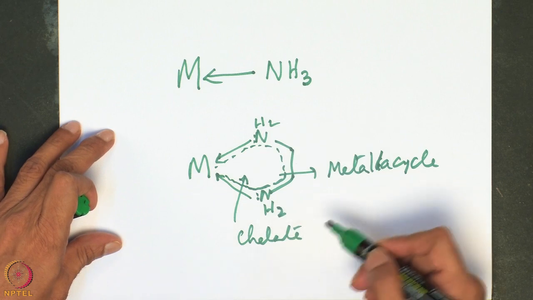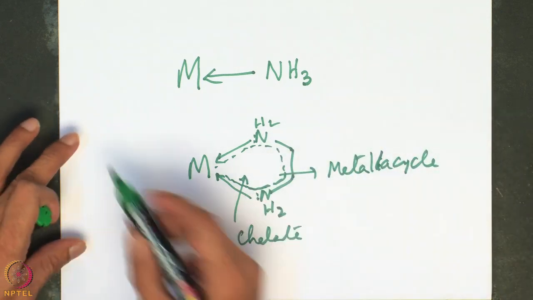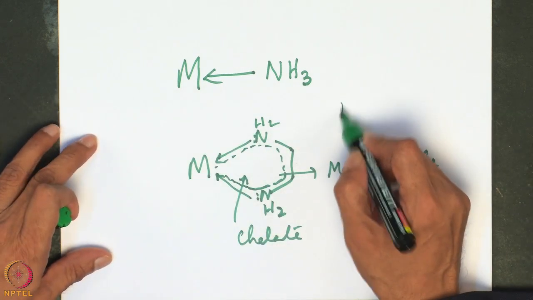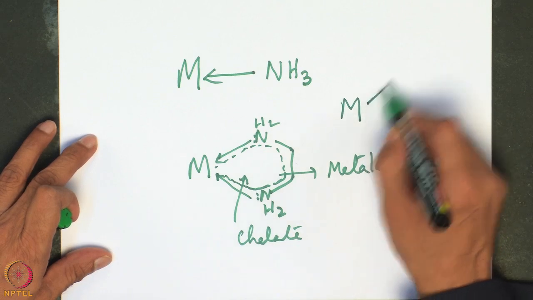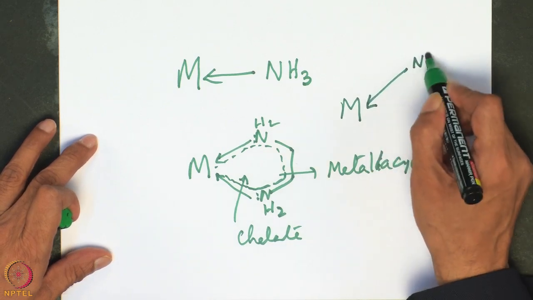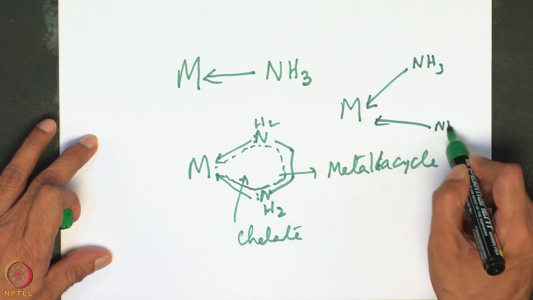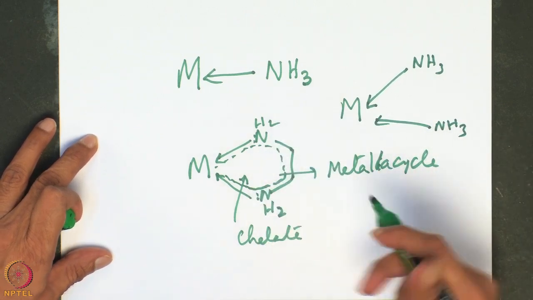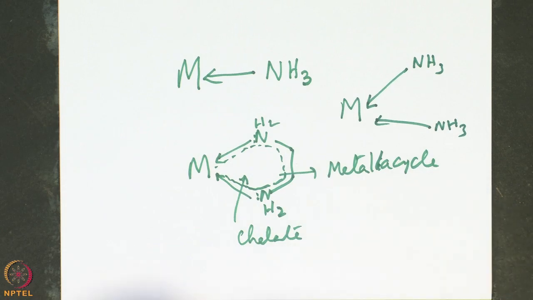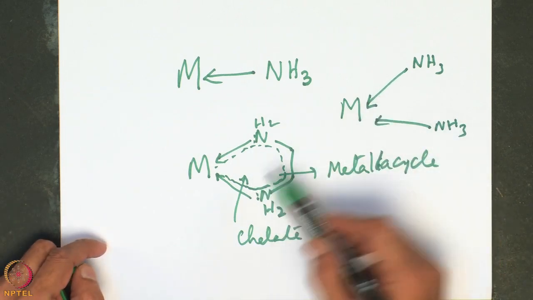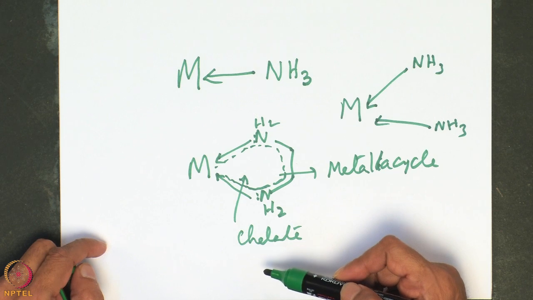Now if I take another case where I have two ammonias and I have ethylene diamine, do you expect any change in its stability?